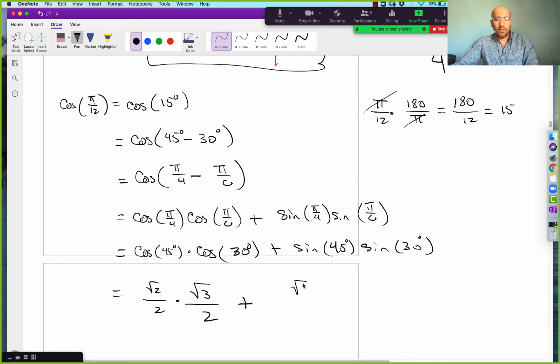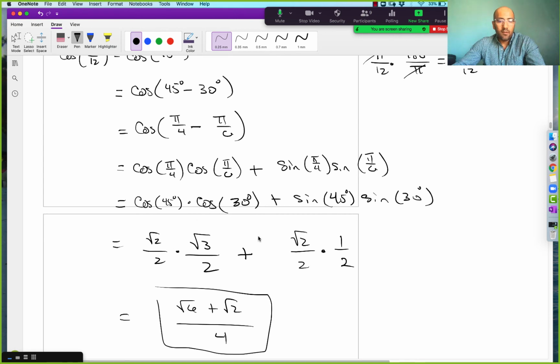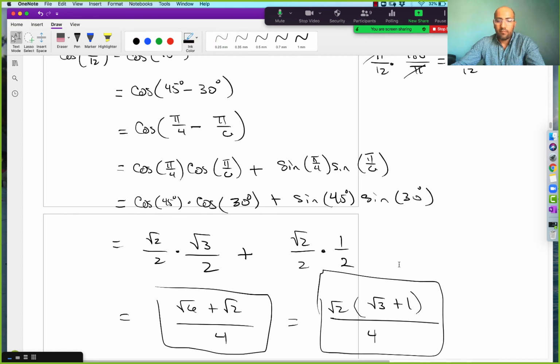Plus root 2 over 2 times 1/2. So it's going to be a very similar answer to before. We end up with root 6 plus root 2 over 4 is one way of writing it. Or if we factor out that root 2, we could say it's root 2 times root 3 plus 1, divided by 4. Any questions?